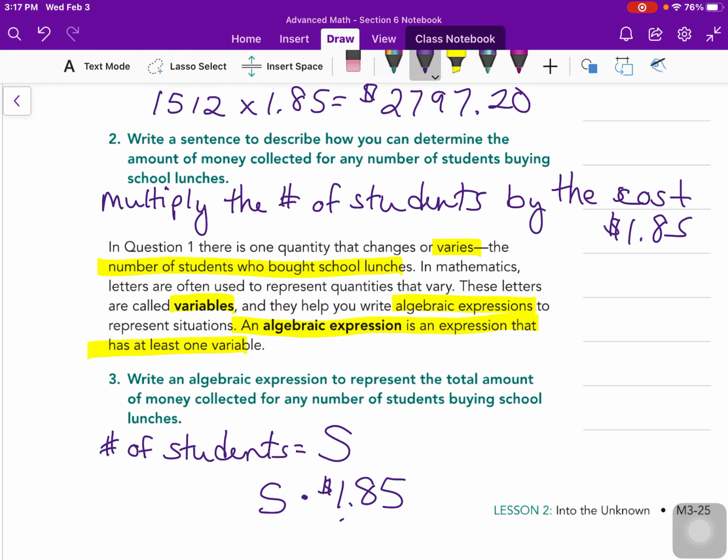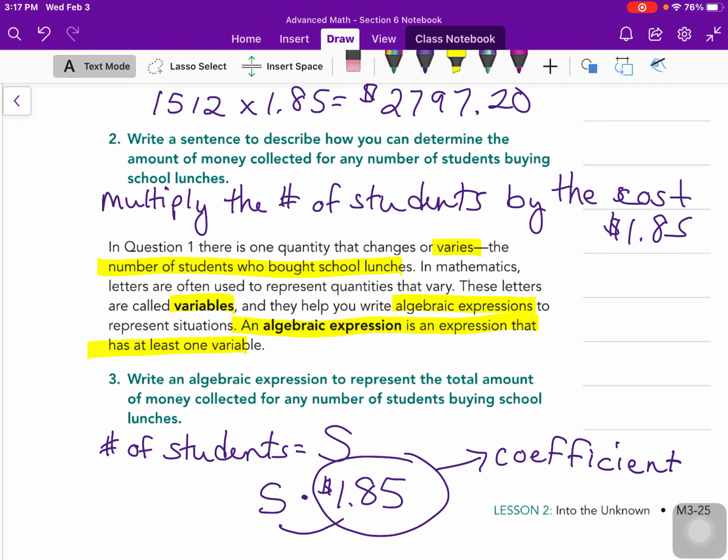When you have a number that's multiplied to a variable, there's a special name for this number, and they call that a coefficient. So any number multiplied to a variable is called the coefficient. All right, let's keep going.